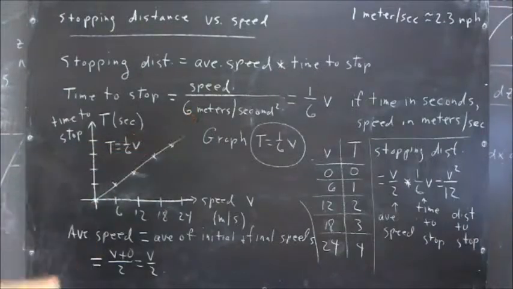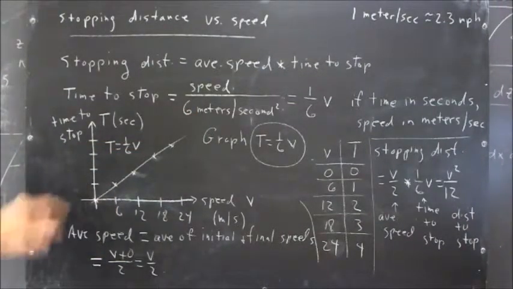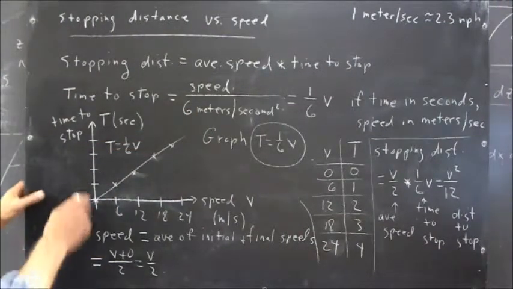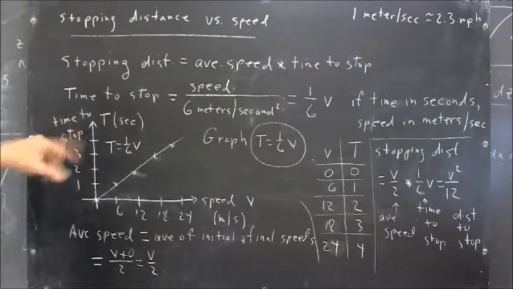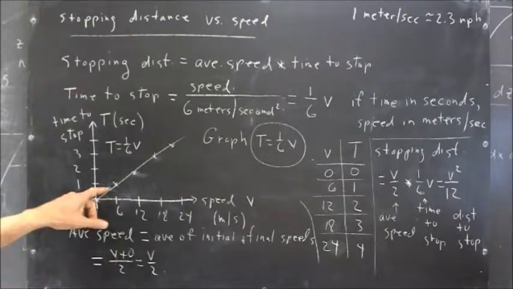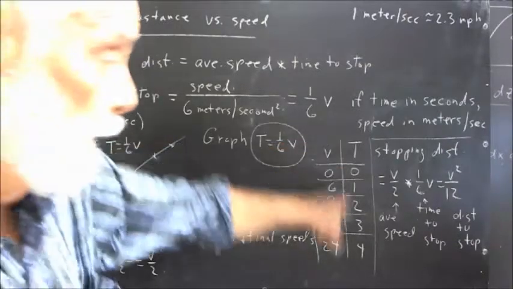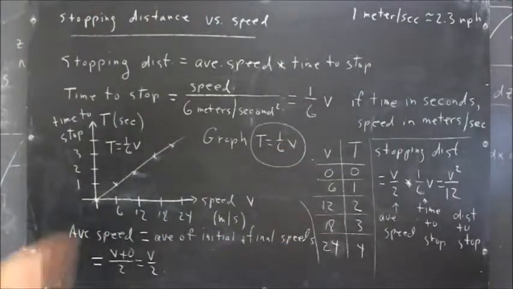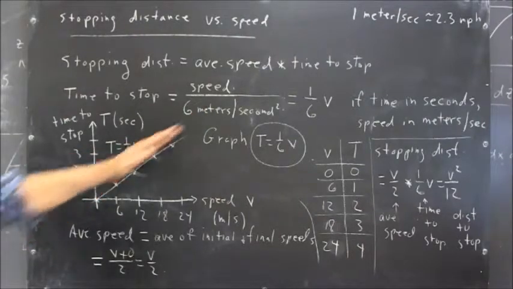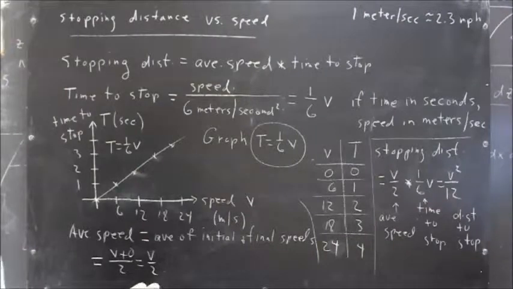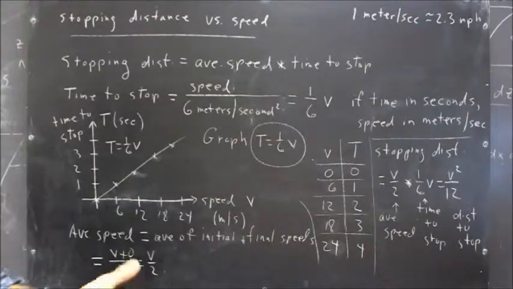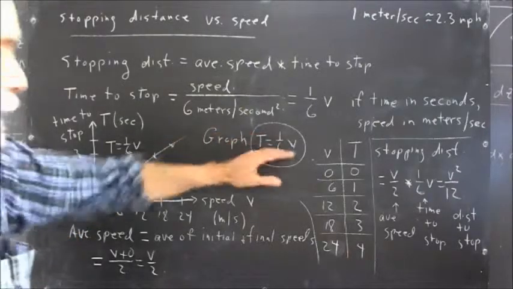We can graph those points, 6 meters per second, 1 second, and I should probably label this 1, 2, 3, 4, and we get the points on the graph corresponding to the table, and we get this graph of the time to stop. Now this is the time to stop from the time you hit the brakes. We'll worry about the time it takes you to hit the brakes once you realize you have to stop in a minute, but let's just get this model.